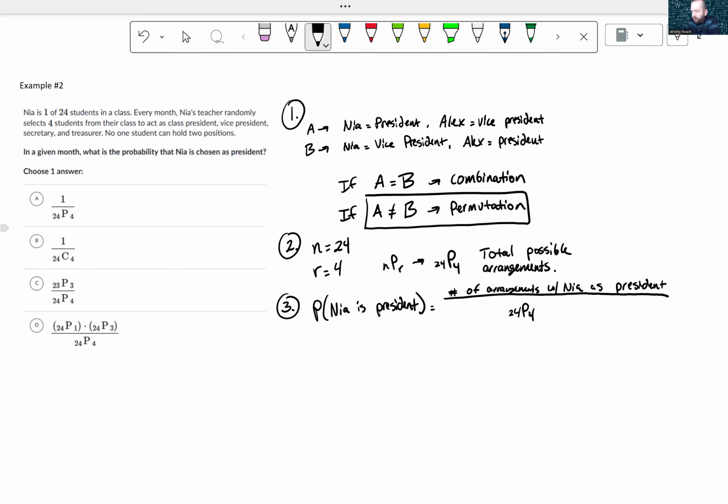So now we can automatically cross out B. That helps us a little bit there.